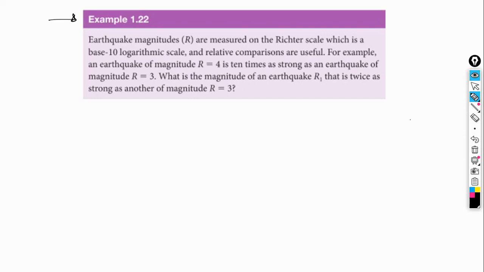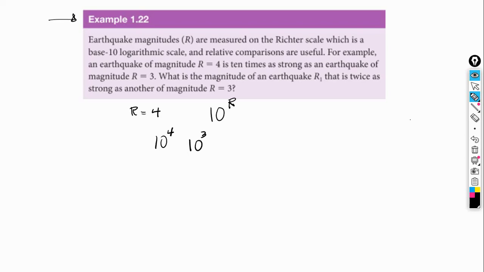Well, this is a base 10 scale. So if you have that R is equal to 4, the intensity of the earthquake is 10 to the power of R. So in this case, it would be 10 to the power of 4. That would be one earthquake. Then the other earthquake had a magnitude of 3, so that would be 10 to the power of 3.